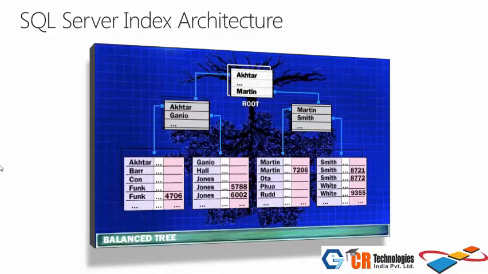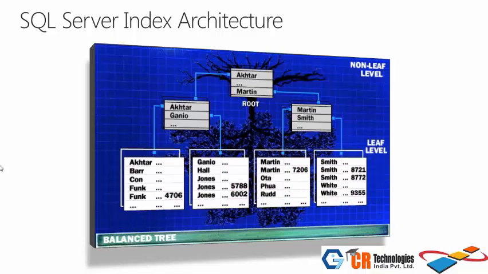SQL Server always uses this as the starting point for traversing an index. In an index tree, all the index levels above the leaf level, including the root, are known as the non-leaf levels. The leaf level is the bottom level of the index structure. It contains key value index entries that either reference rows in the data pages or complete data rows.